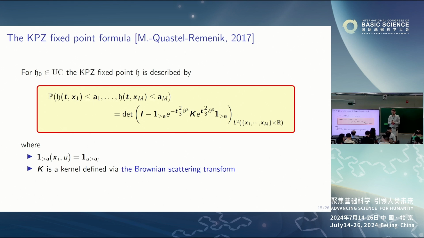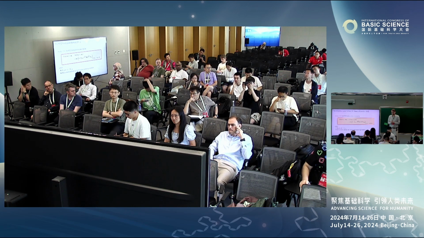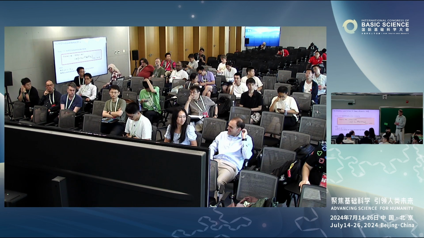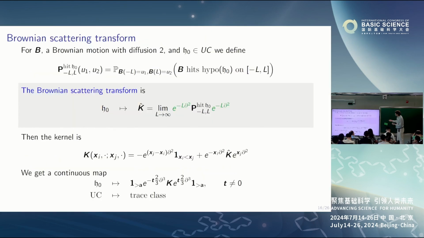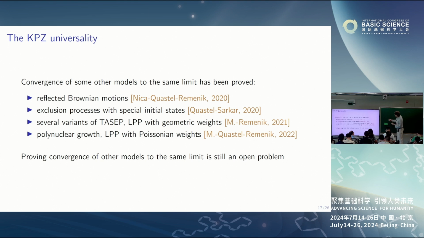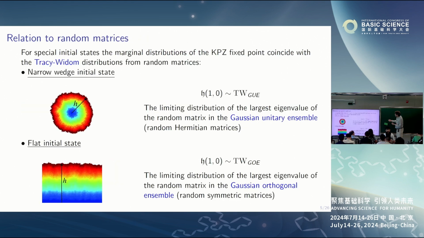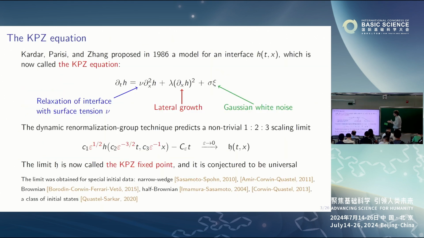Can you explain why the quadratic term is so important in the KPZ equation? You have your height function h, and you want the growth of the height function to be slope dependent.